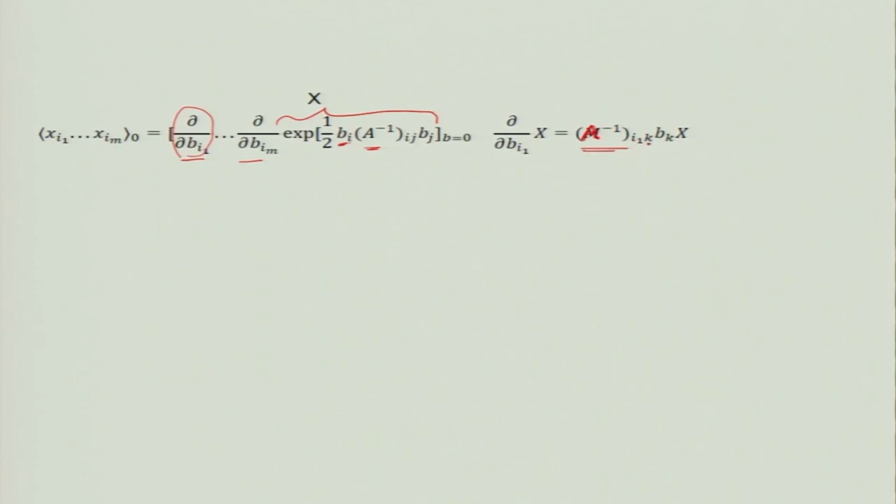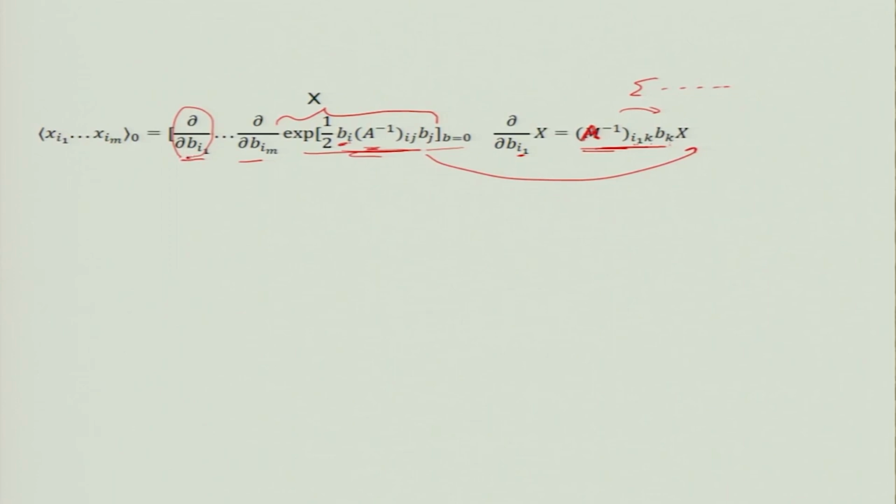So, I get A inverse i1 k Bk, because Bi1 in that expansion will go away, and of course, the exponential will come here as well. When I take the derivative I get A inverse i1 k Bk, and this i1 is sitting here. So, this is a number and I multiply by X. This is basically a sum, right. For this there are n terms. A inverse is an n by n matrix, I multiply by Bk and I get this. Okay, first part is done.